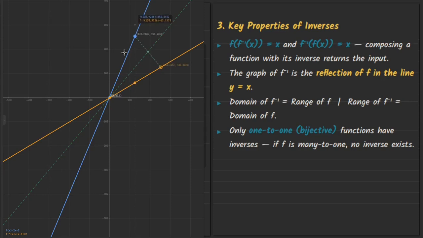Or you can call this the inverse, and then this is the main function. You realize that this line in here is a mirror line which reflects every point on this one back to this. So if these two lines are the inverses of each other, we see this, which is y equals x, being our mirror line.